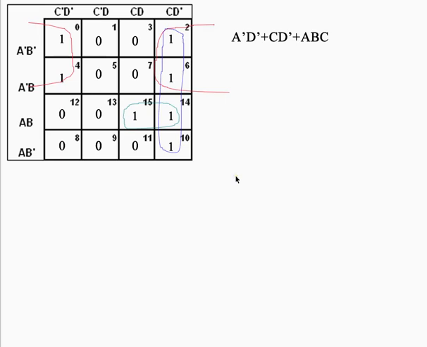I am after a product of sums form, and so I am taking the complement function. So then I'm looking at the zeros. I want a reduced form expression for the complement function. Again, think how you would group these zeros in order to make the maximum eliminations. Now, there are actually a lot of interesting terms here.